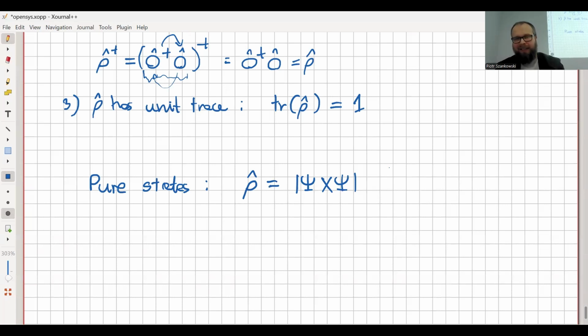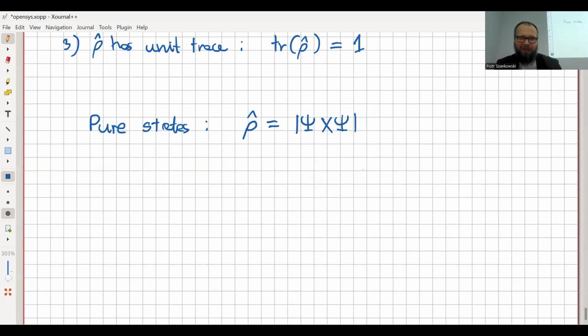If your rho is pure, then this is how it corresponds to the state kets we started with. When rho can always be written like this, you can basically reduce everything to the description using state kets.